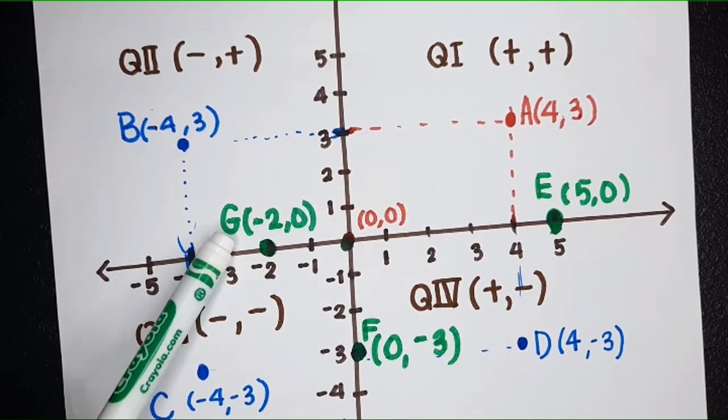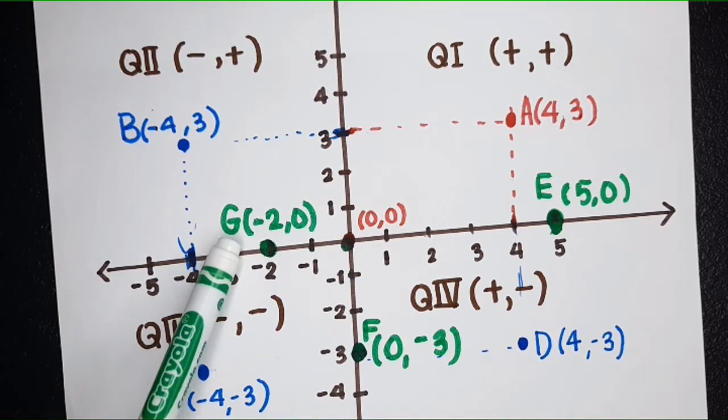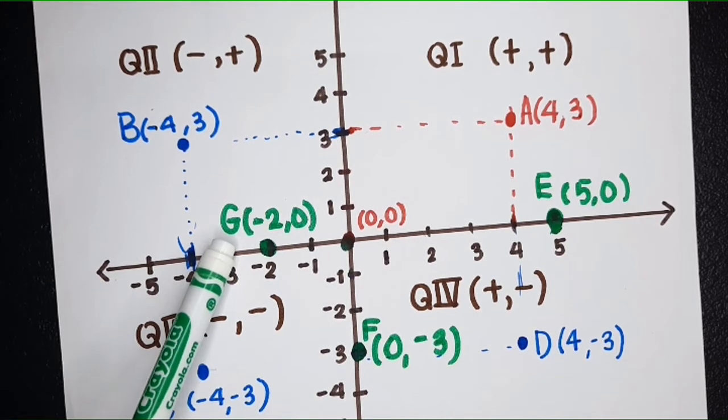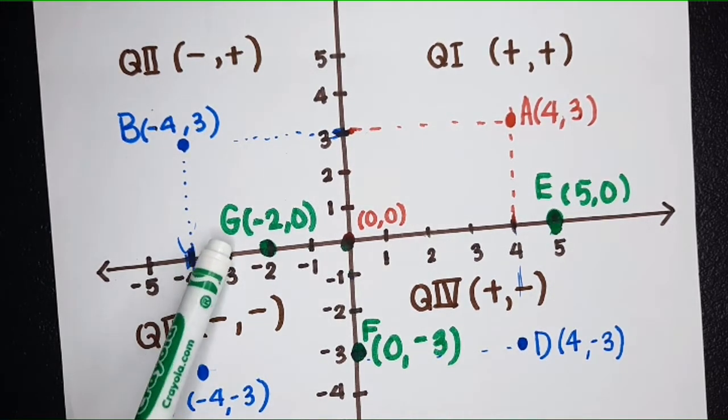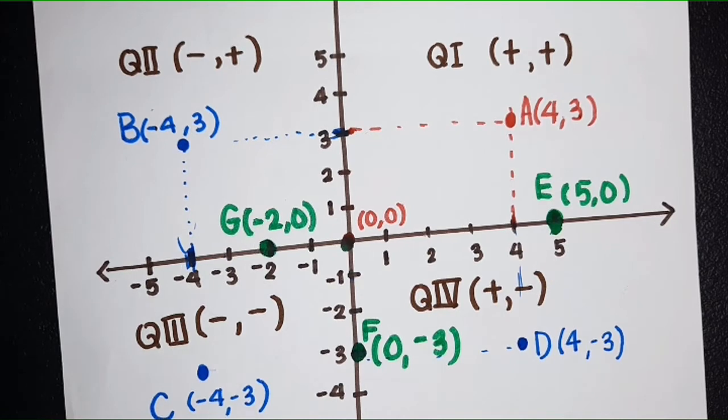Here. Saan nyo ba siya nakikita? Siya ba ay nasa first quadrant? No. Siya ba ay nasa second quadrant? Parang hindi naman, no? Third quadrant? Di rin. And of course, lalong hindi sa fourth quadrant. So, nasaan ang point G?